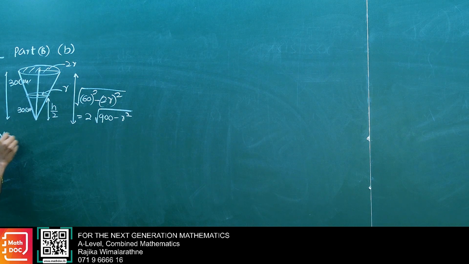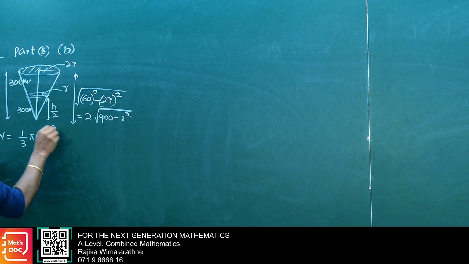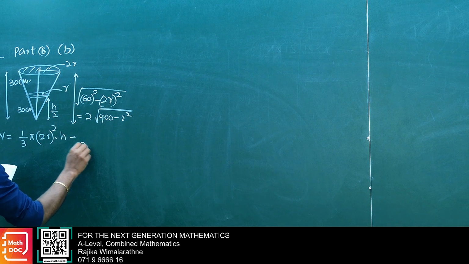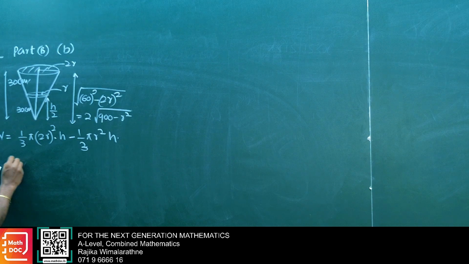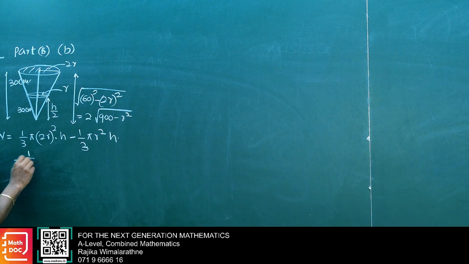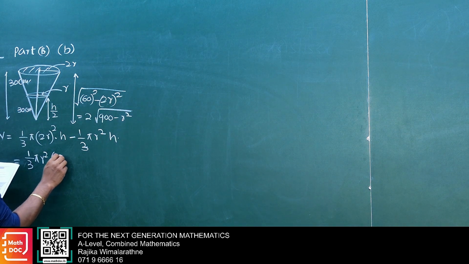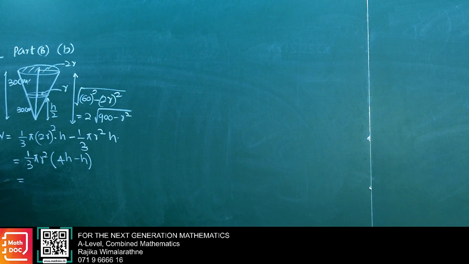Then the volume of the frustum is 1/3 pi times radius 2r squared times height h, minus 1/3 pi r squared h. Then 1/3 pi, take r squared outside. Here 4h minus h is 3h.